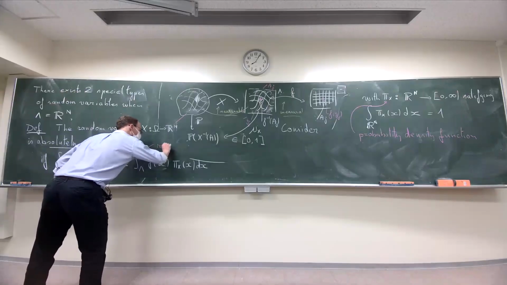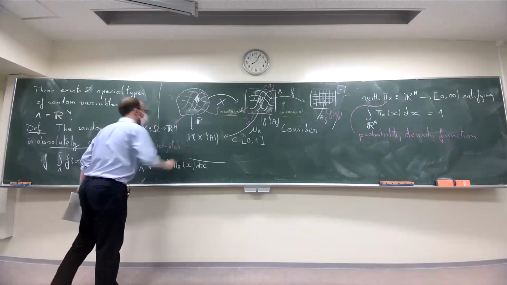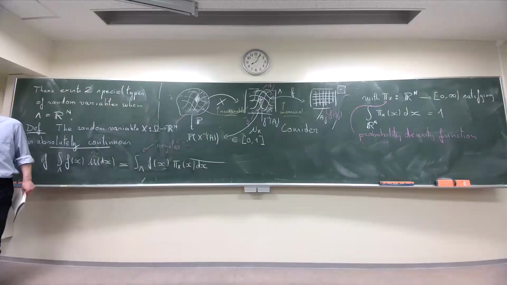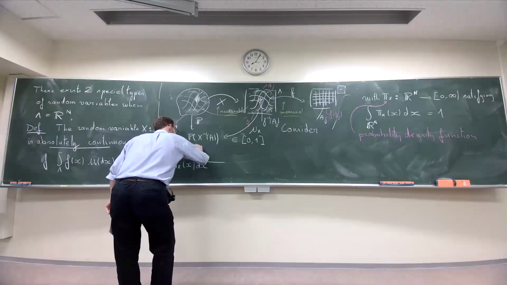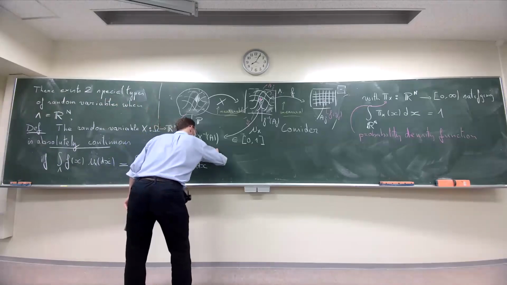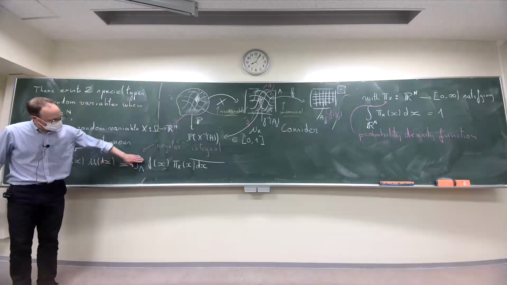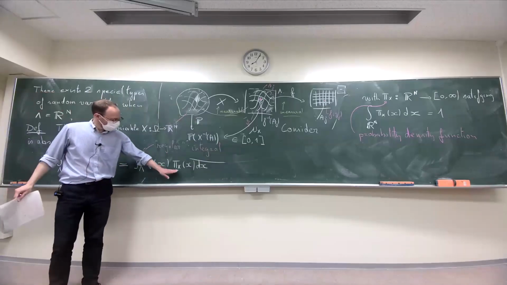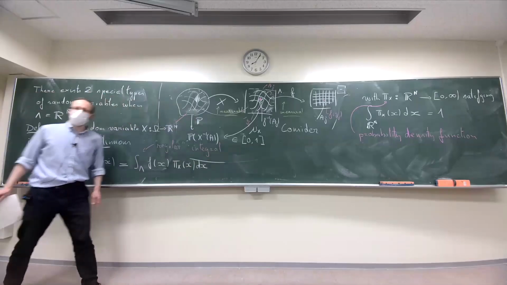I would say regular, I'm cheating, because officially it should be a Lebesgue integral and not a Riemann integral. But most of the time you don't see the difference. So it's the integral of a function multiplied by a certain density or probability density function dx.